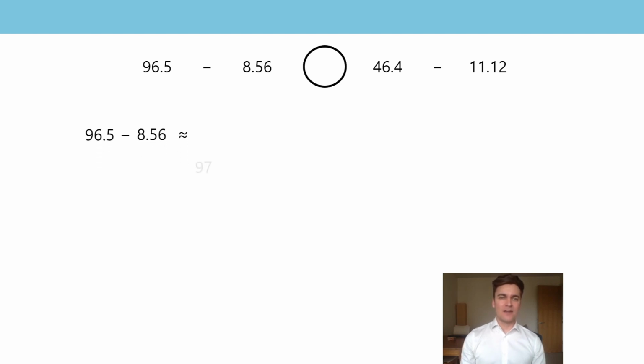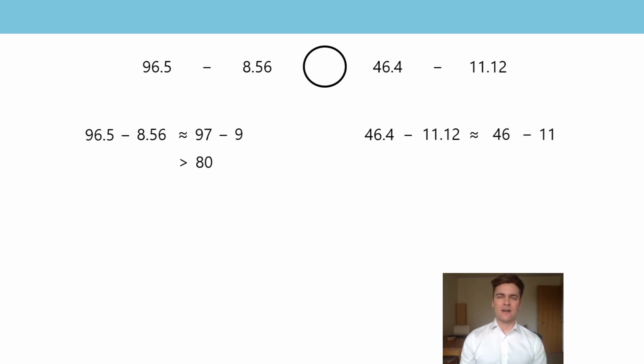96.5 becomes 97. 8.56 is rounded to 9. 97 subtract 9. This time I've said that the difference is going to be greater than 80. I've not subtracted 9 from 97, but I'm giving an approximate difference. It will be greater than 80. On the other side, I've rounded to 46, subtract 11.